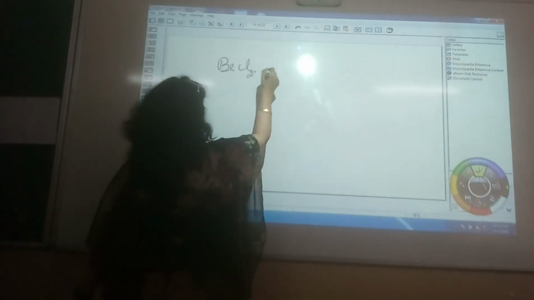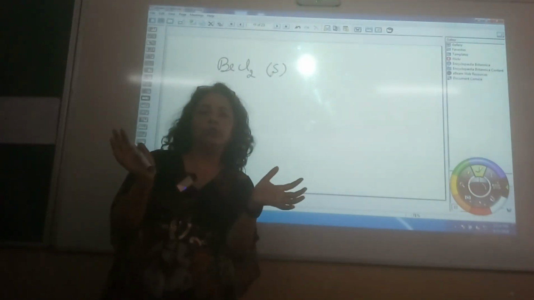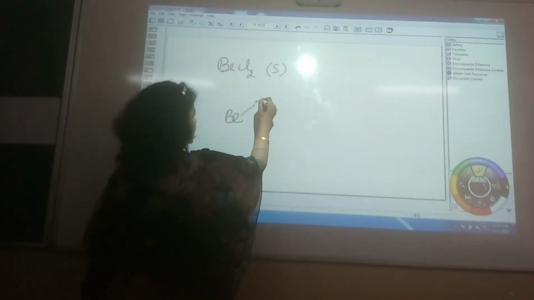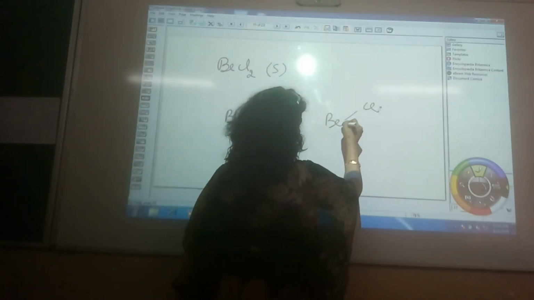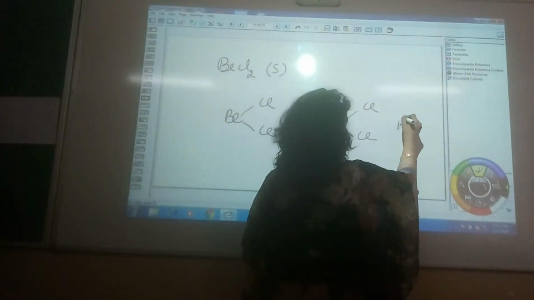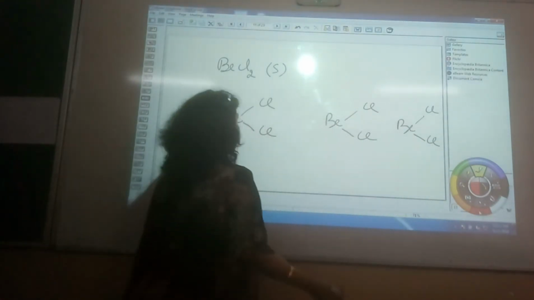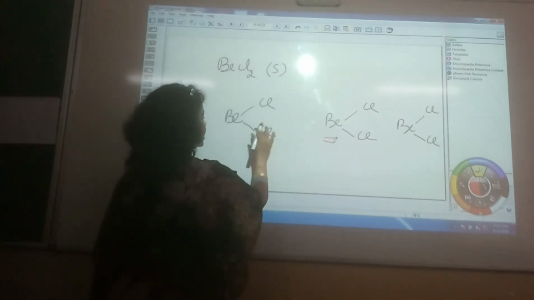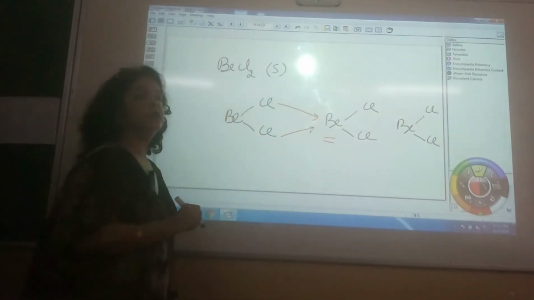chloride in solid state? In solid state, the beryllium chloride molecules move closer, and this is exactly what happens. Each beryllium has 2 chlorides around it. I am not drawing it linear because of a reason. Each beryllium has something like this. Now, to satisfy its octet, this beryllium pulls this beryllium chloride towards itself, and the lone pair of this chlorine are given towards the beryllium.